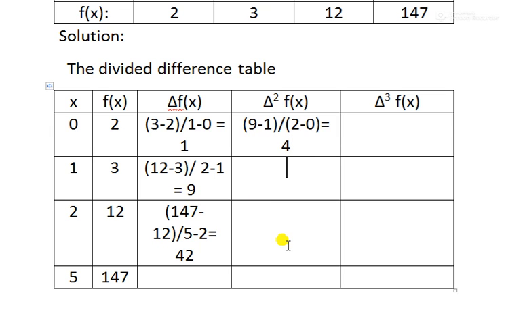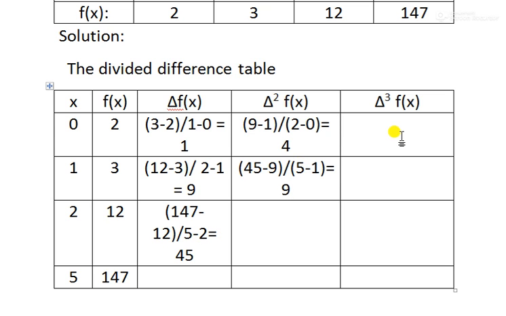And now the difference between these two, that is 45 minus 9 divided by 5 minus 1, that is equal to 9. I made a mistake earlier: 147 minus 12 is 135, divided by 3 gives 45.